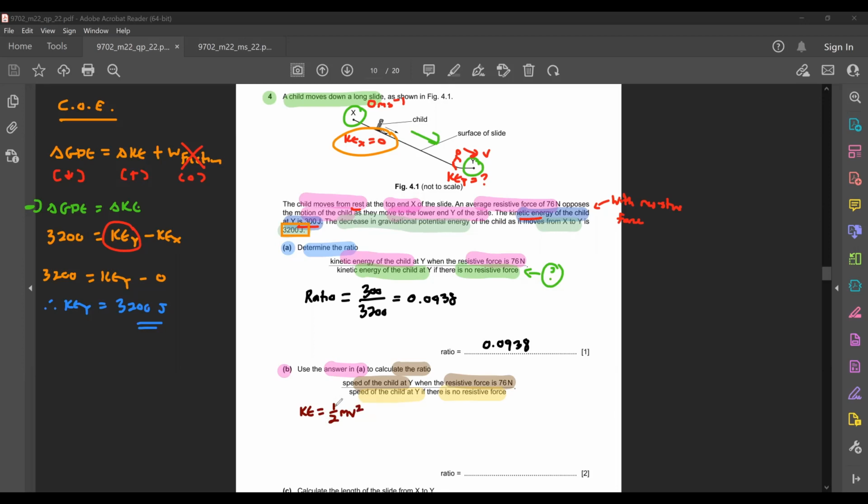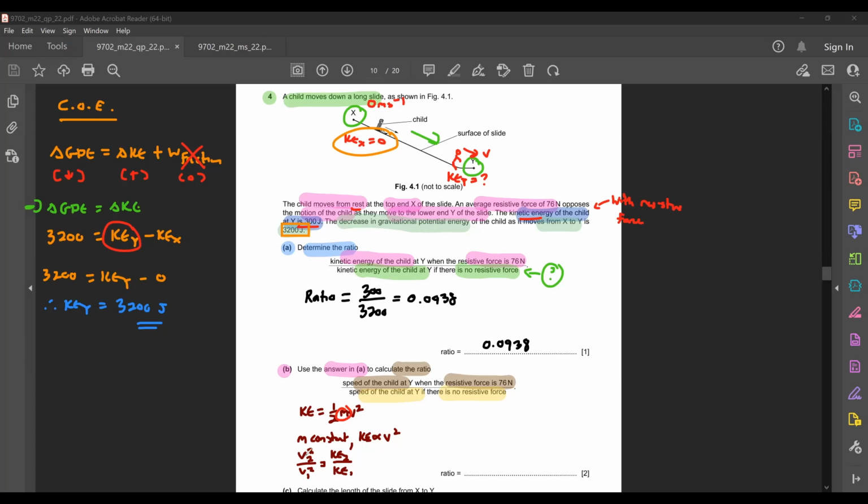Now this equation applies to the motion of the child with or without air resistance. But for both cases, you will notice that the mass is constant. So what I can further say is this. Mass being constant means that KE is directly proportional to the velocity squared. So V2 squared to V1 squared equals KE2 to KE1.